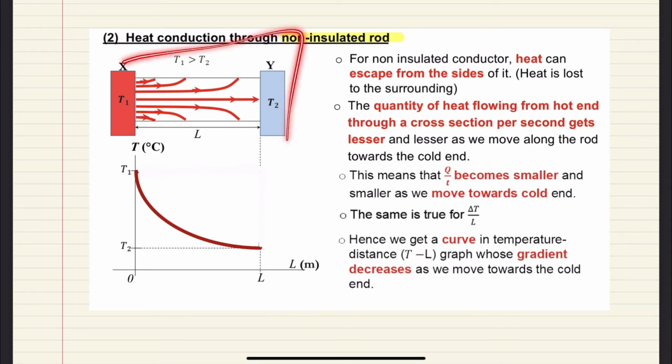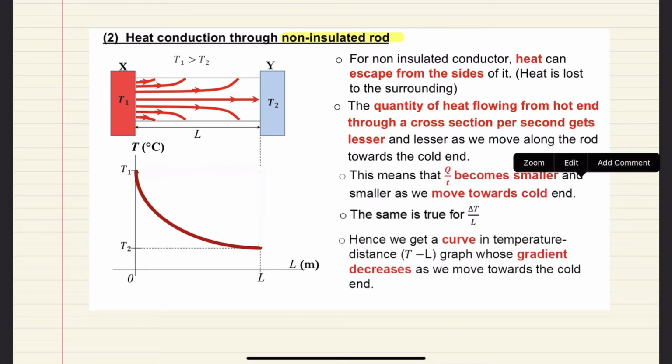So for this one, there's no calculation that you need to know, but you need to know how to draw this one or this one. So you can see that as it goes further away, Q/t becomes smaller. So the gradient goes from steeper to less steep. Okay, same goes for the Q/t and delta T over L. This one is the temperature gradient.